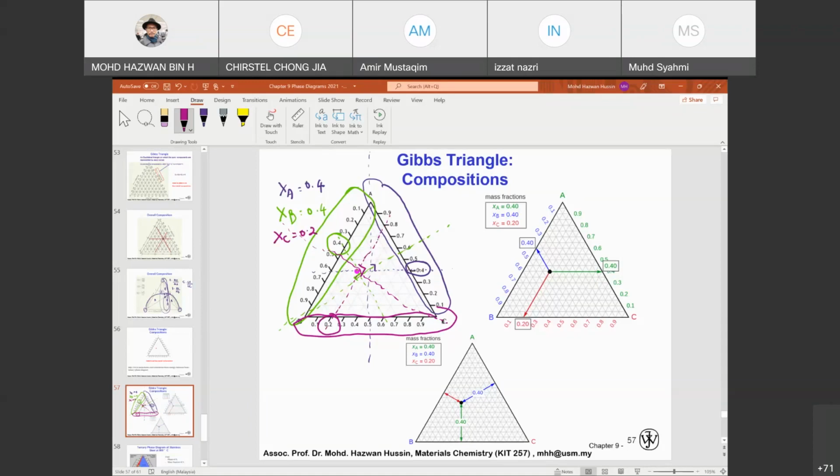Okay. So at the end of the day, you can get the mass fraction of, point, we didn't give it a name, point A for example.